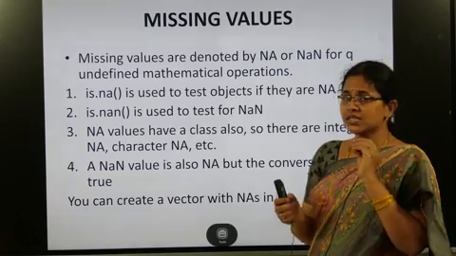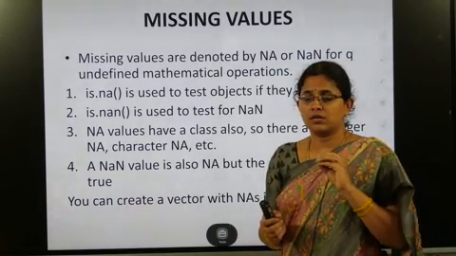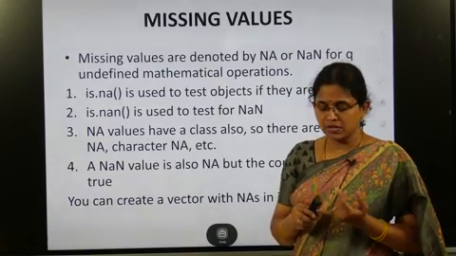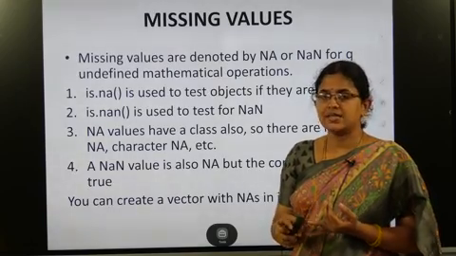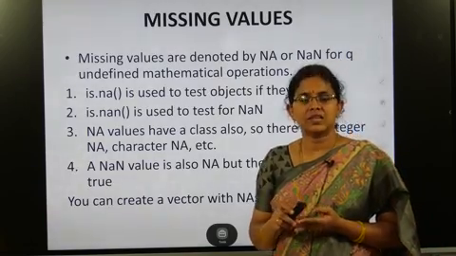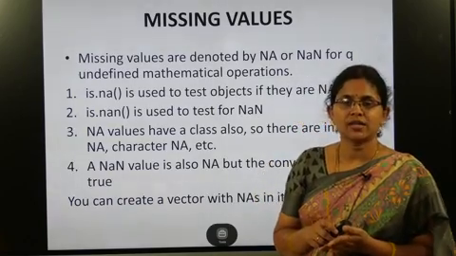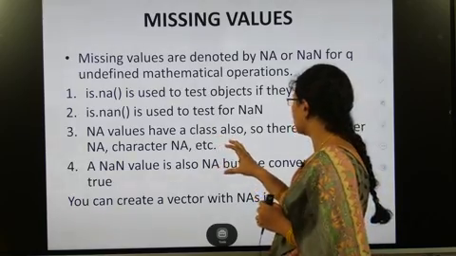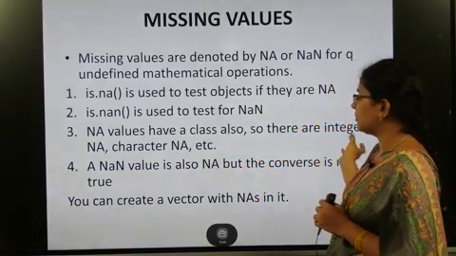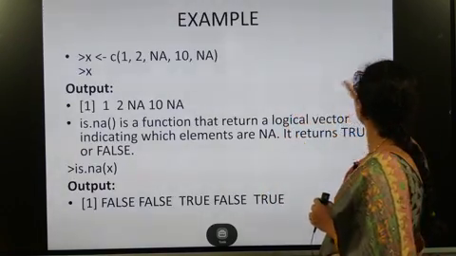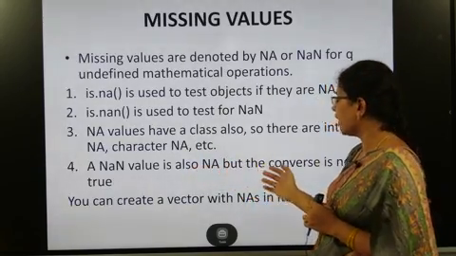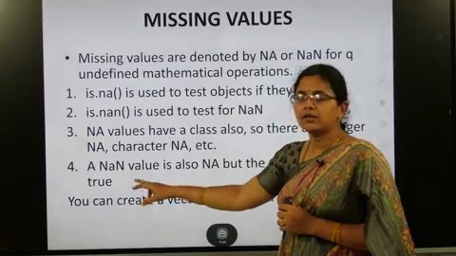And these missing values have a class also. Class in the sense whether it is numeric, decimal, integer, complex, or character. So every missing value has some class also. It may be integer NA, or it may be character NA, and so on.